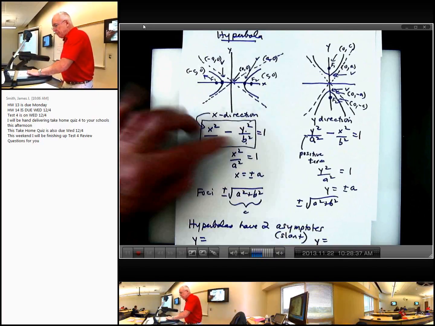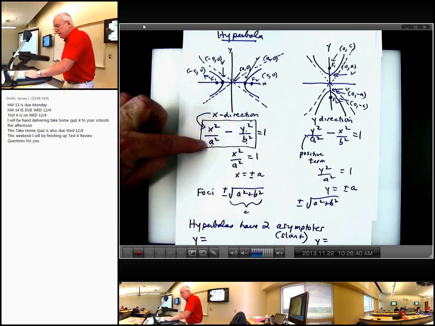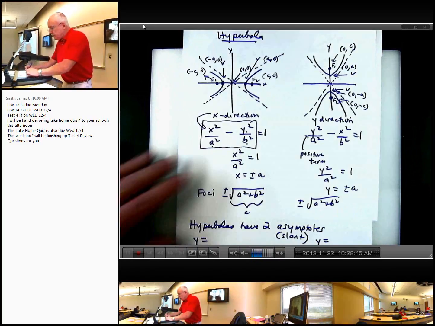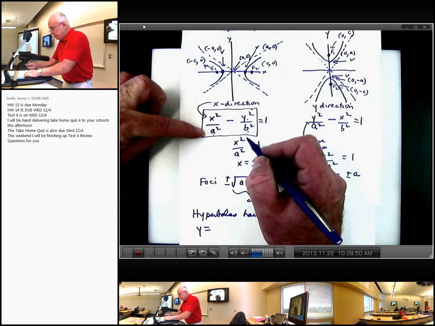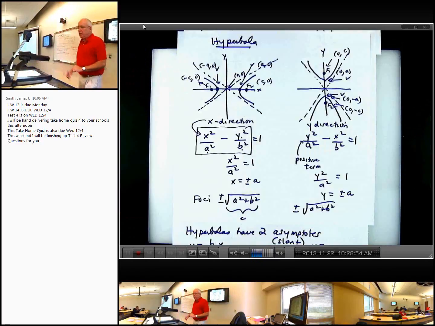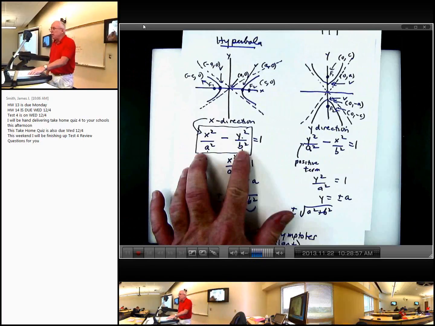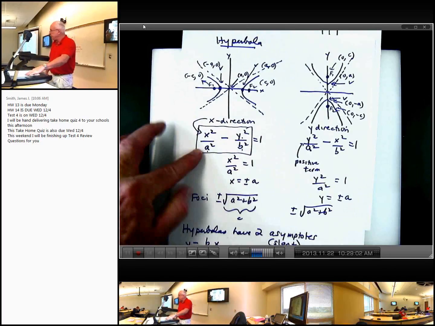So I multiply by b squared. I get a b squared up here. I have my a squared down here. I just have the y squared over there. And so it's going to be b, and it's not the b squared. It's just the b over the a, b over the a times x. So I just eyeball this, multiply, and just look at the b over the a.